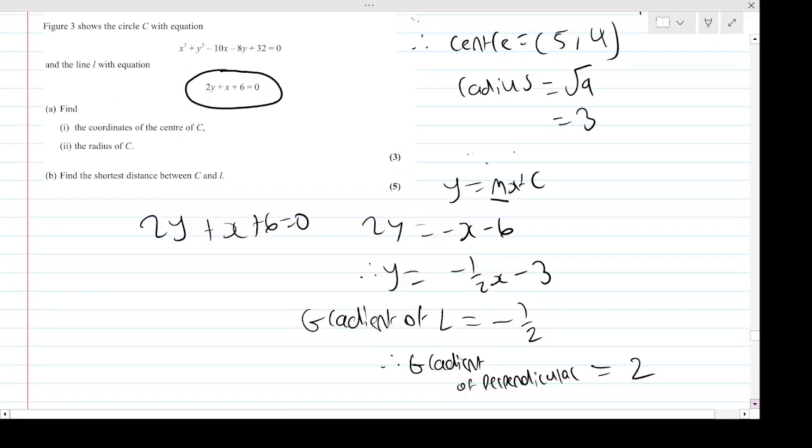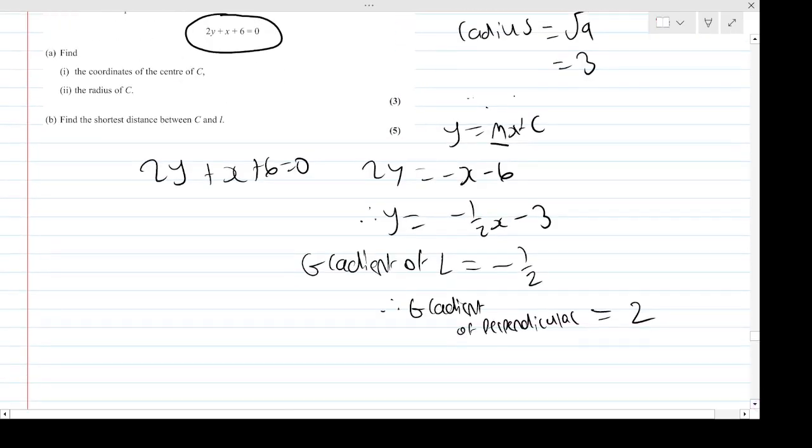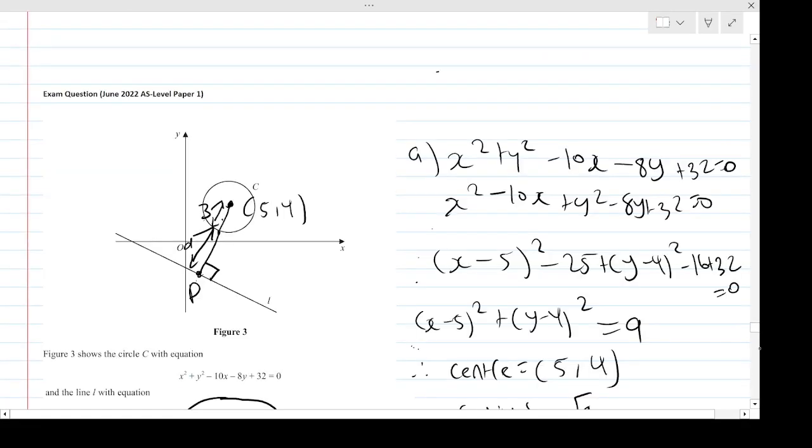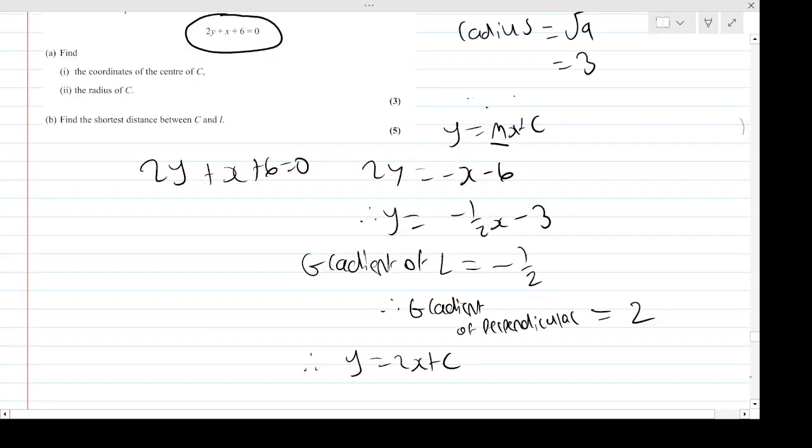So then the equation of the normal, I can say y is 2x plus c, but then I need a point on it. But I know that perpendicular line would also go through the centre of the circle, because it would be on the radius as well, so it would pass through the centre there. So that would be 5, 4 on that line as well.